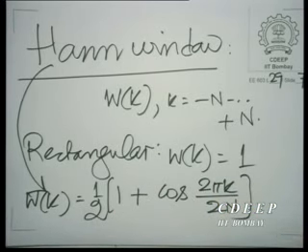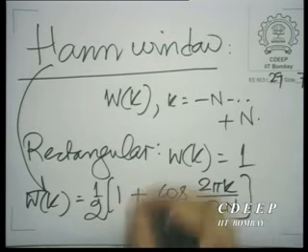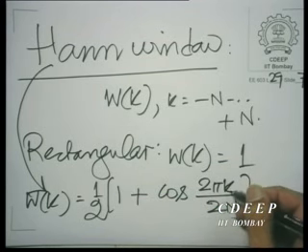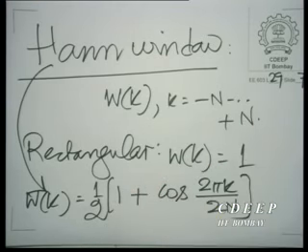And we can easily see that at k equal to minus N, we have cos pi. So, this is 0, and so also at k equal to plus N. What we are really doing is placing one whole cycle.